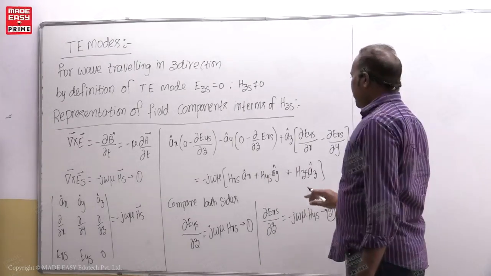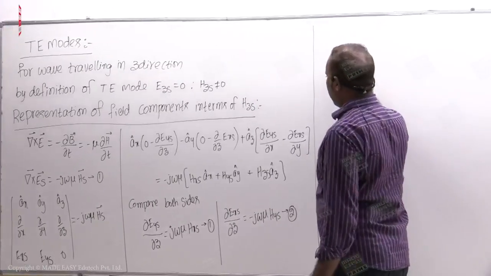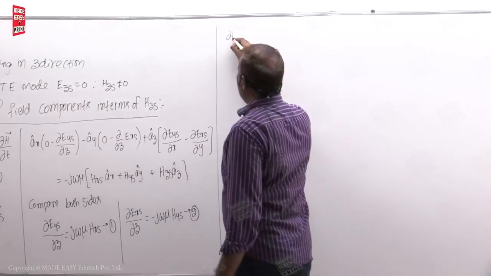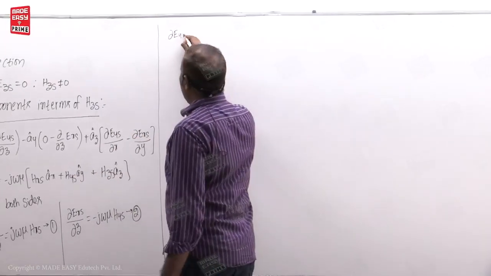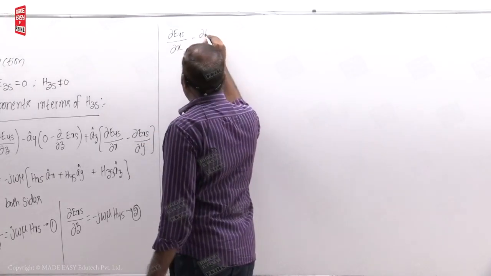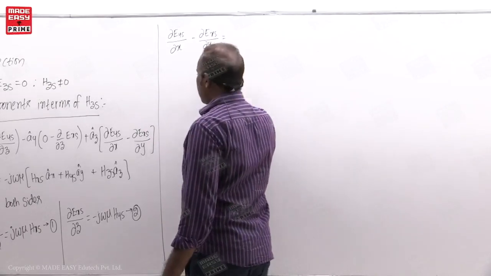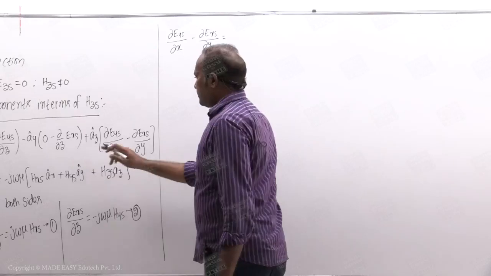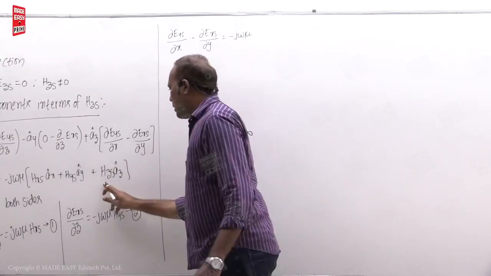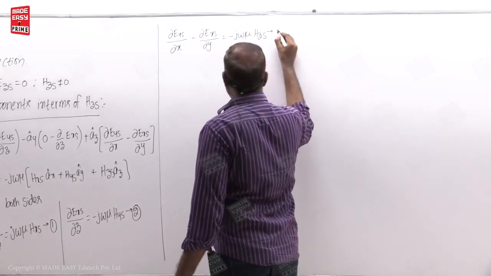Similarly, if you write the z component, ∂Eys divided by ∂x minus ∂Exs divided by ∂y is equal to minus jωμ Hzs. This is equation number 3.